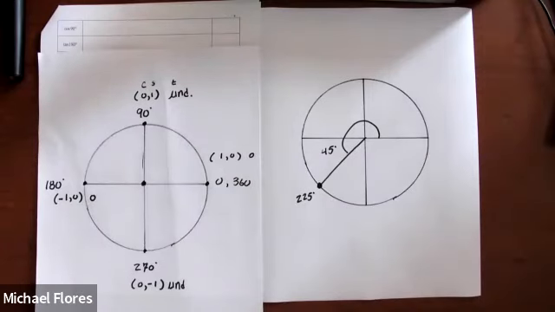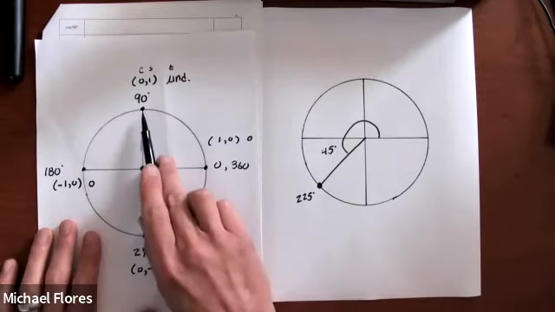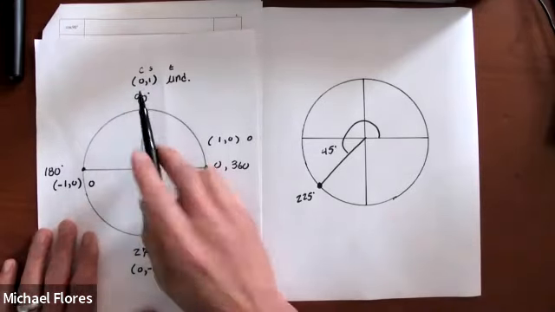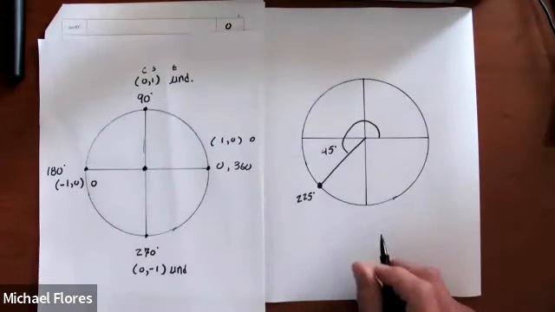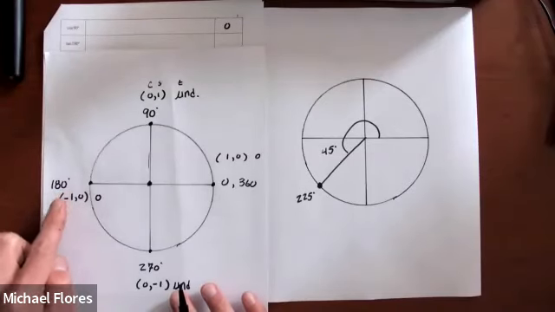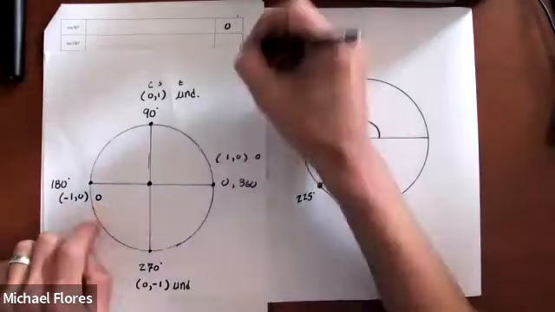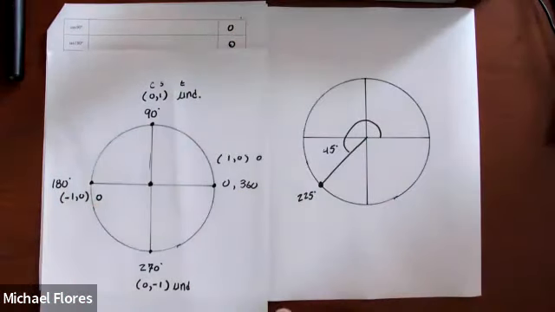Those are all of your quadrant angles. So to find cosine of 90, here's 90 degrees. Our cosine value is 0. So you can just put 0. That's it. Tangent of 180 degrees, here's 180 degrees. Our tangent value is 0 once again. And so on and so on.